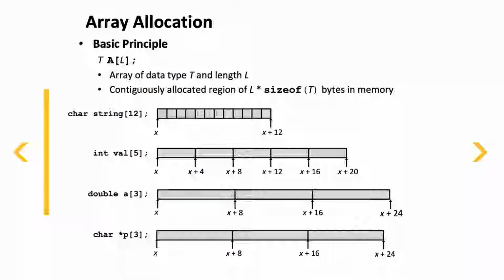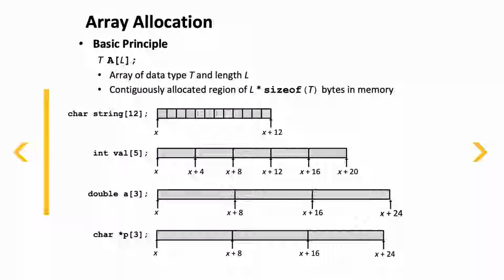Let's start out by talking about allocating arrays, right? This is something we do all the time. And the basic idea, specifically in C, is that we declare an array and we give it the data type, which we'll refer to as T in the general case, and the length of the array. How many of this kind of data are we going to have in this array? What's the size of it?